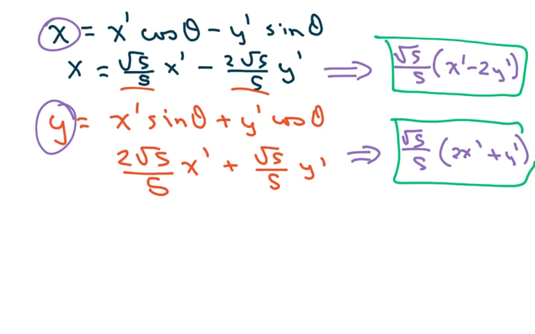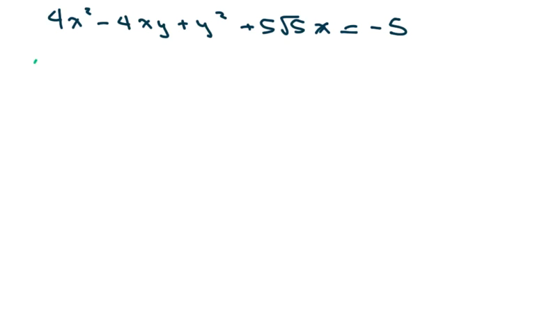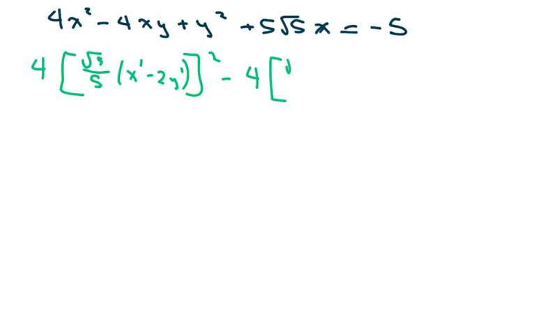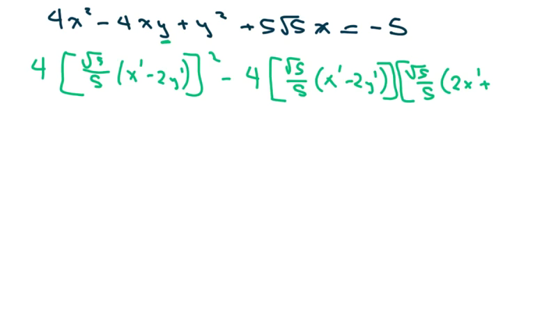All right, we're going to plug that in. So we get 4 times the square root of 5 over 5 times x prime minus 2y prime squared, minus 4 times square root of 5 over 5 x prime minus 2y prime, times the y, which is square root of 5 over 5 times 2x prime plus y prime.